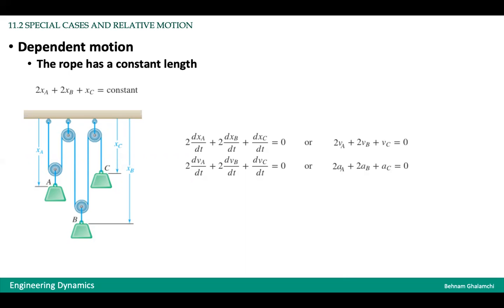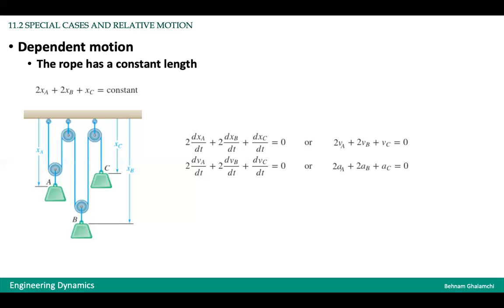For example, here you see we have 4 pulleys and 3 masses, and the goal is to do the motion analysis of these particles. But the important thing that you need to know is that, at the end, they do not move independently.